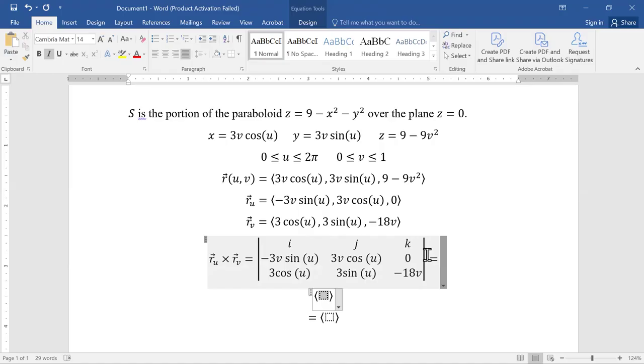When I do the components, again, remember to figure out the i: we eliminate the column and the row i is in, and then we take this multiplication minus this multiplication.